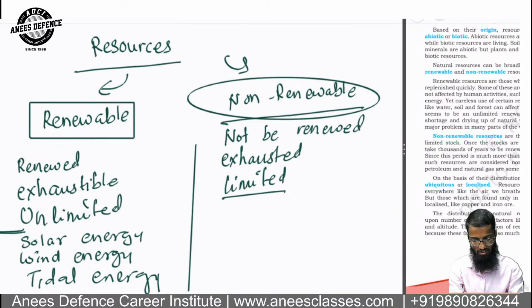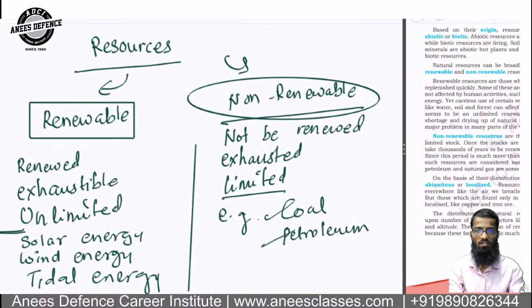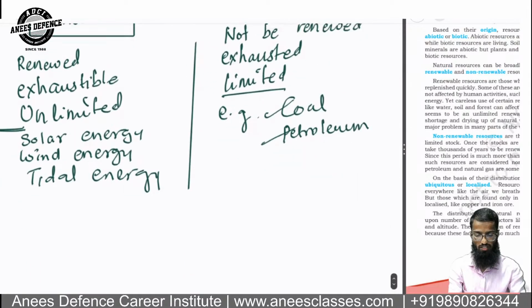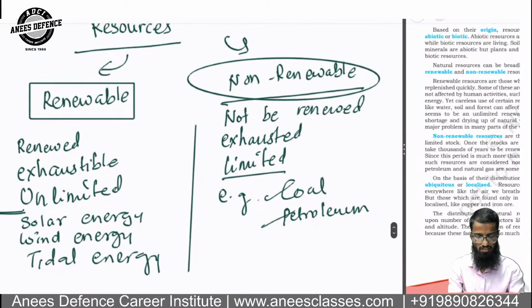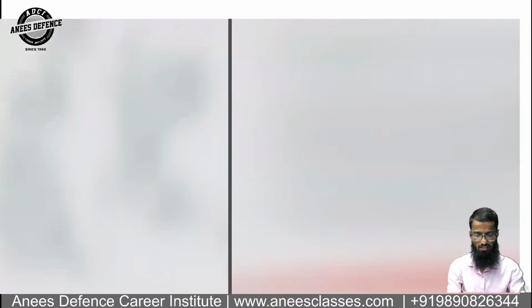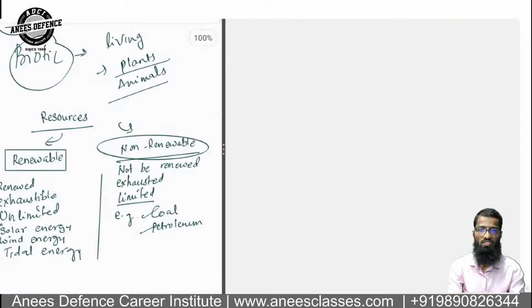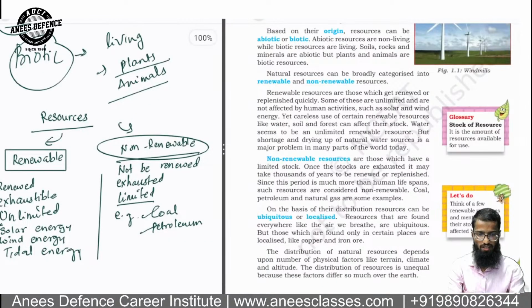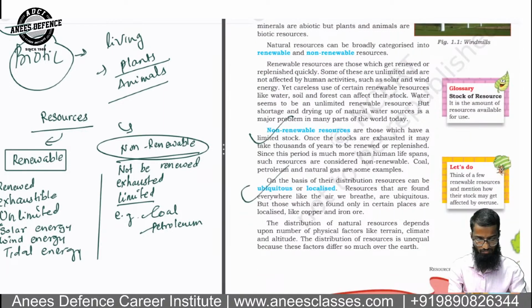Non-renewable resources. For example, coal, petroleum, etc. are called what? Non-renewable energy resources. Now you are clear what are renewable and what are non-renewable energy resources. We have studied this also. Okay.